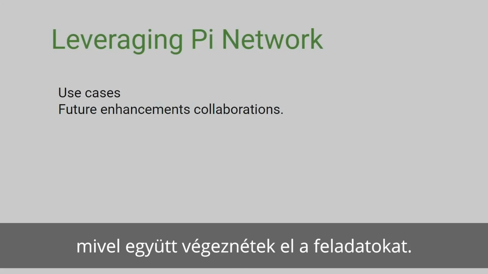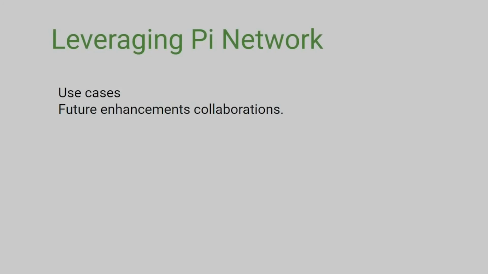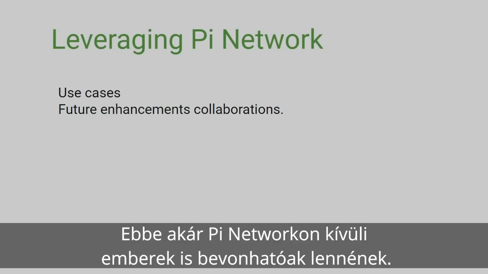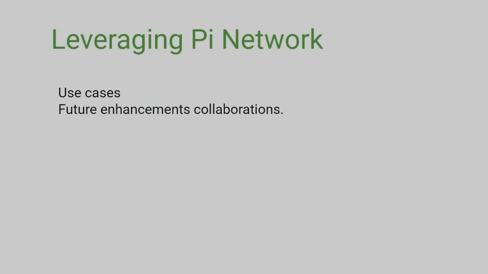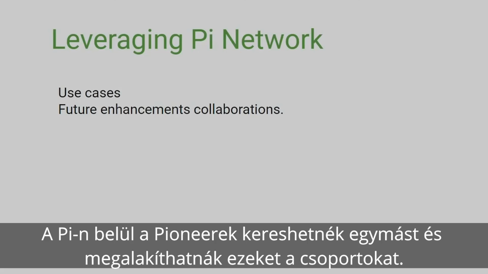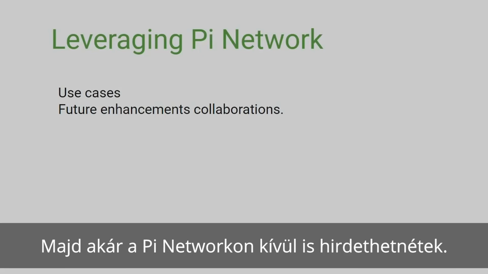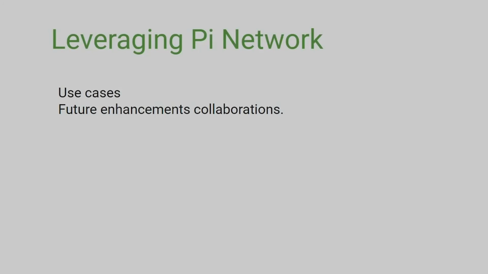You could form groups of people that come together and market yourselves together for certain tasks, or use it to somehow reach people outside of the Pi network. The pioneers, the people in the Pi network, could seek each other out, form these groups, get together, and market yourselves outside of the Pi network in that manner.